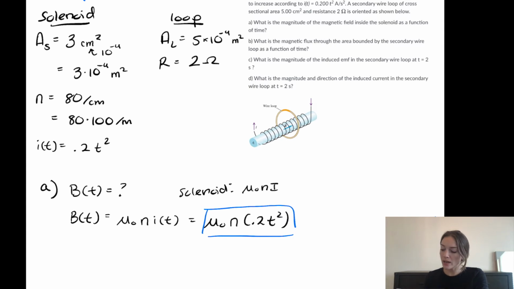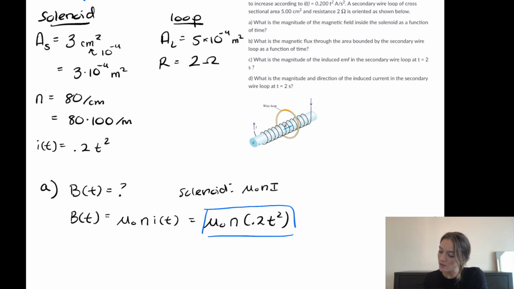But you would have to have your n in standard units somewhere, because if you just said where n is 80 turns per centimeter, that wouldn't be good enough, because centimeters isn't a standard unit. It would have to be where n is equal to 8 times 10 to the 4 turns per meter. Okay, so this is our magnetic field as a function of time, because we have this variable t here.